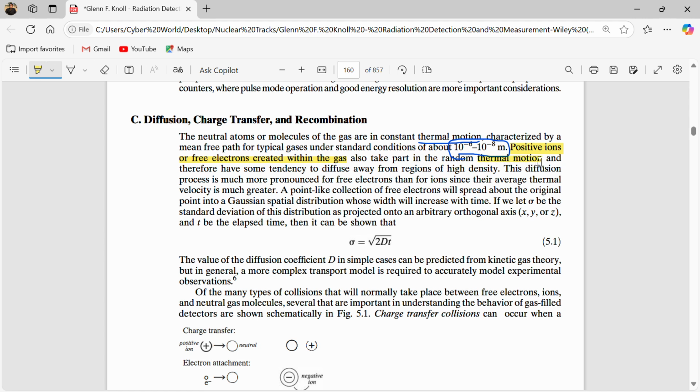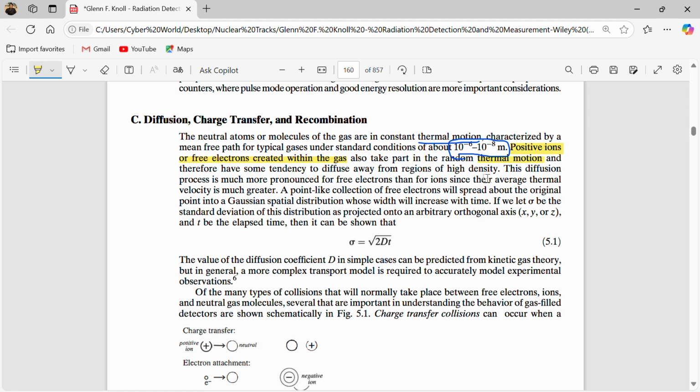Also, some of the energy is converted into an increase in the thermal motion of the ion pairs inside the gas once the charged particle interacts with it. As the thermal motion increases, they have some tendency to diffuse away from regions of high density.